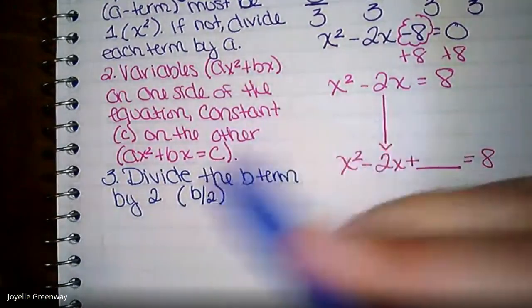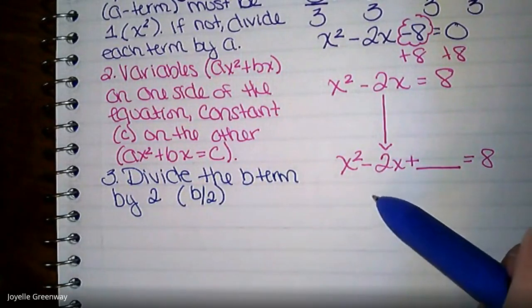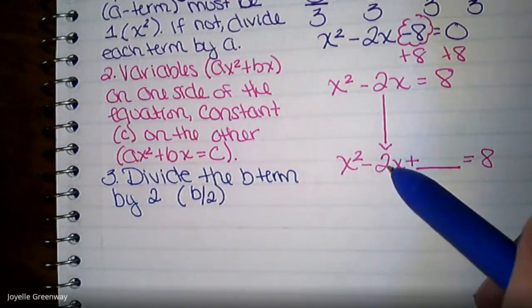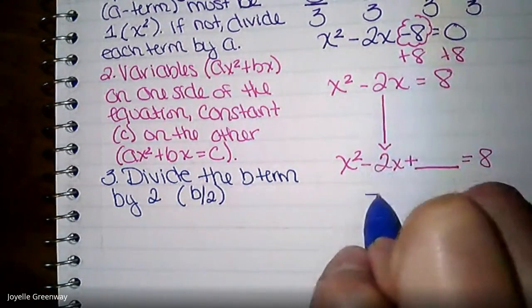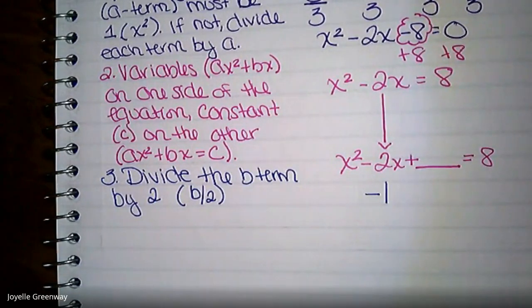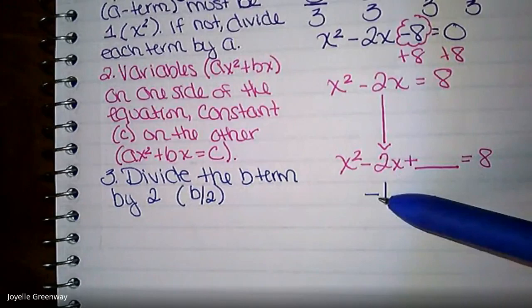And what I tell my students to do here is to write that number down here. So make a little note to yourself, right? So -2 divided by 2 is -1. All right, so I'm telling you, this is where it's going to get confusing. You're going to go, what are you doing? Stick with me, okay? So divide the b term by 2, and I write it here.